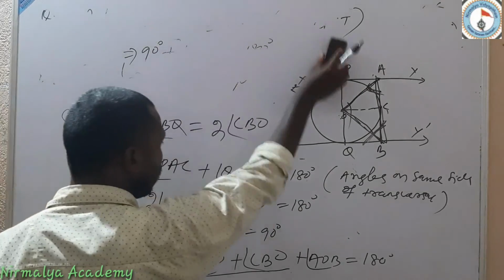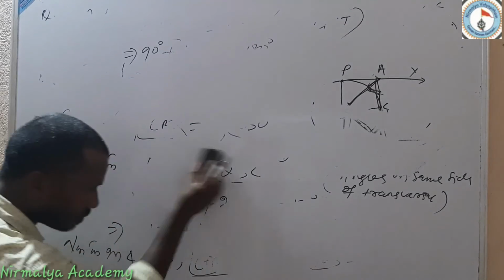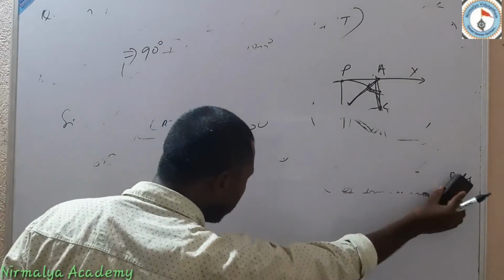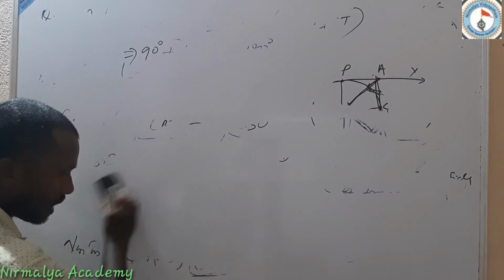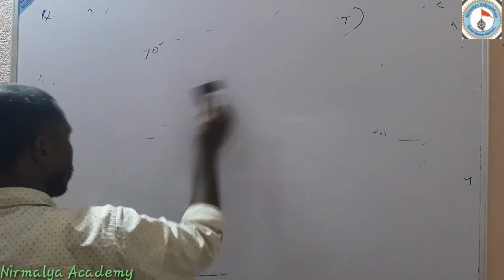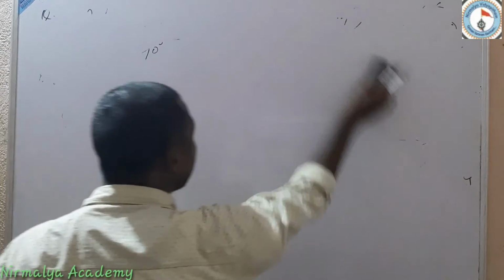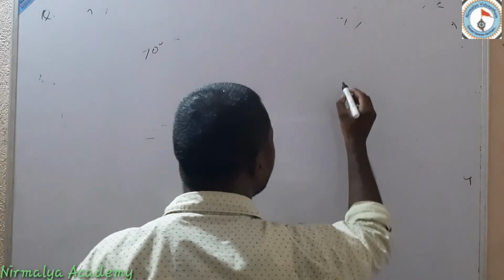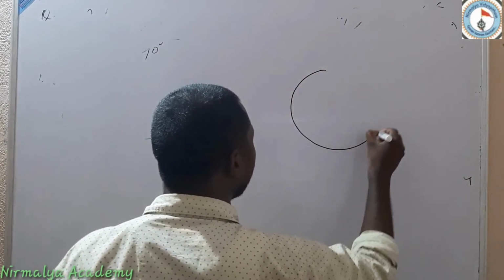Next, another question. A quadrilateral ABCD is drawn to circumscribe a circle.